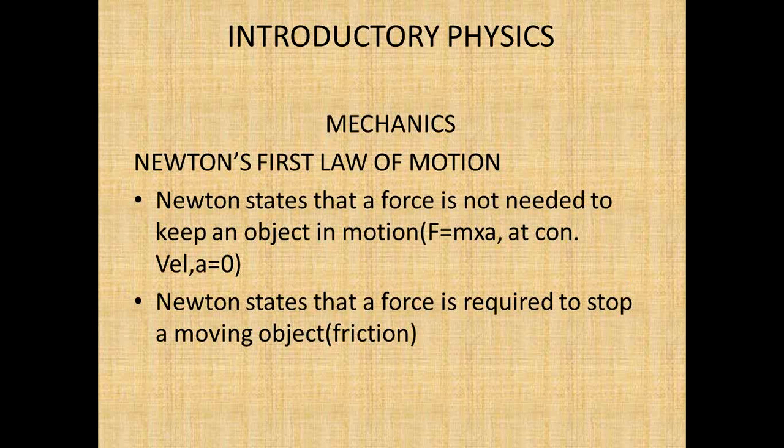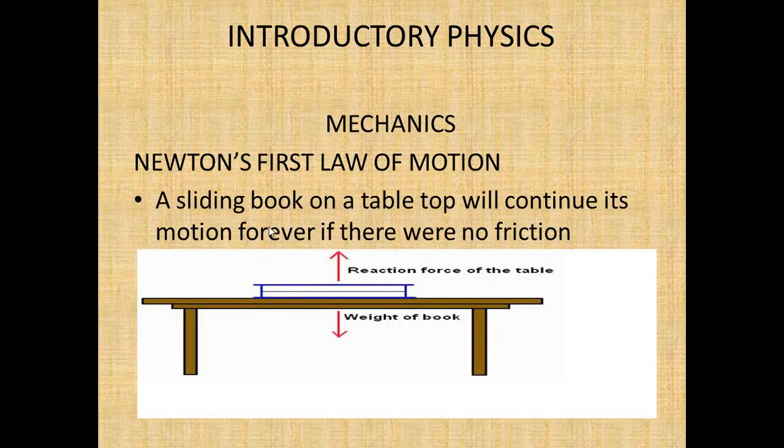But without friction, the object will move at the same speed in the same direction. And because the velocity is constant, there is no acceleration, no force, no unbalanced force. Again, if you slide a book on a tabletop, it will continue to move forever if there were no friction.